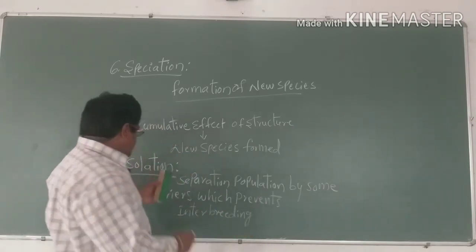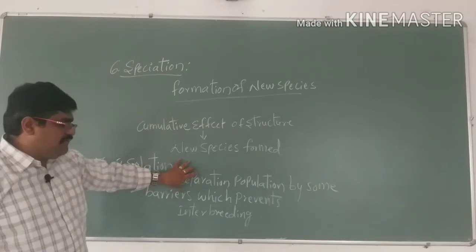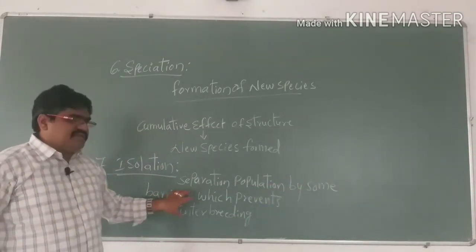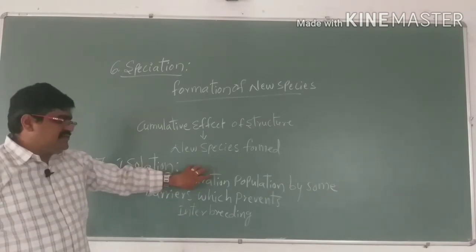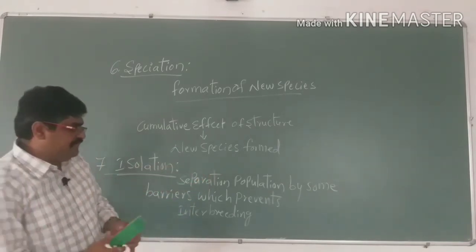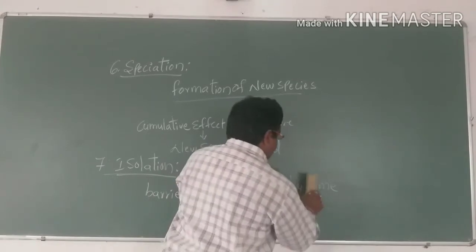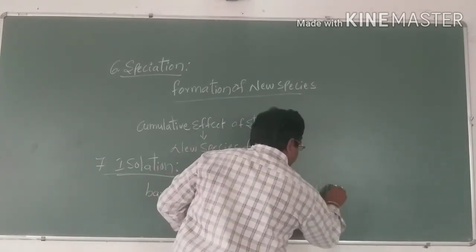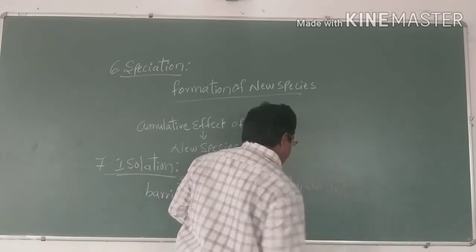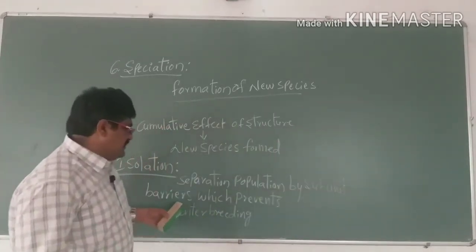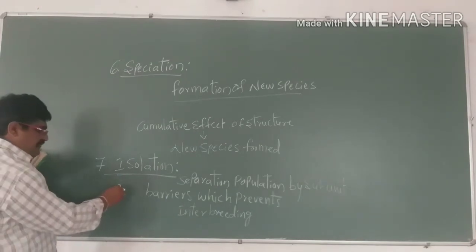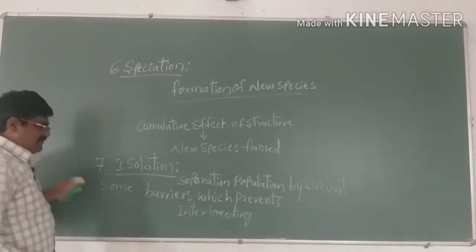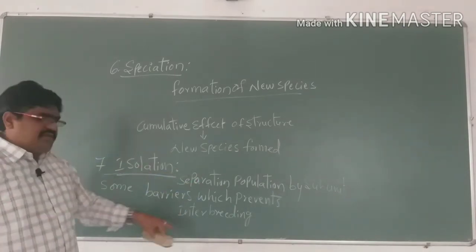So what is isolation? Separation of a population into subunits by some barriers which prevents interbreeding.